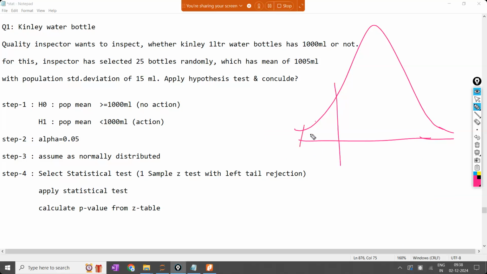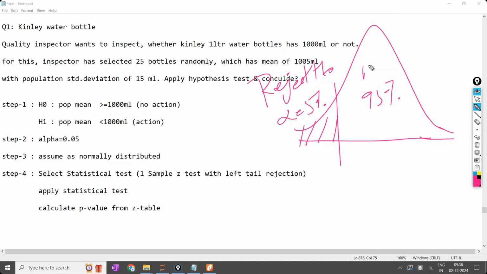So on the left side, you have to take 5% of the area. Then what is the balance area? Because the total area is 100%, this is 95%. 5% is rejection of the null hypothesis, which is your alpha value, and 95% is your acceptance of the null hypothesis. This is the diagram.